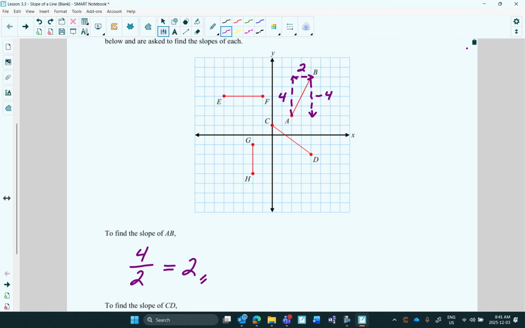So that's -4. And then I had to go to the left 2. So that's -2. So -4 divided by -2 is still 2. Has to be the same slope. Can't be a different number. So it doesn't matter which point you start at. You get the same answer.